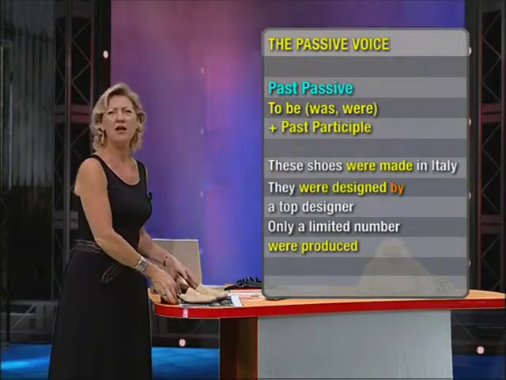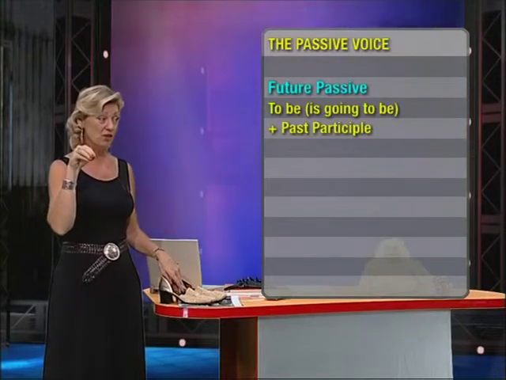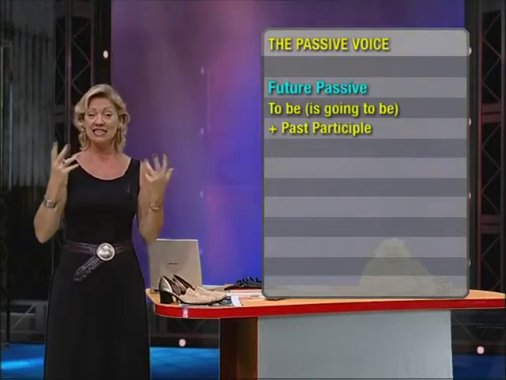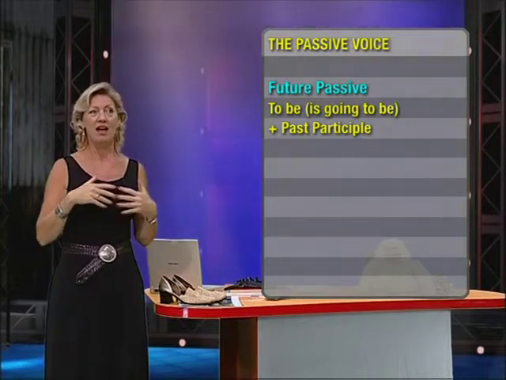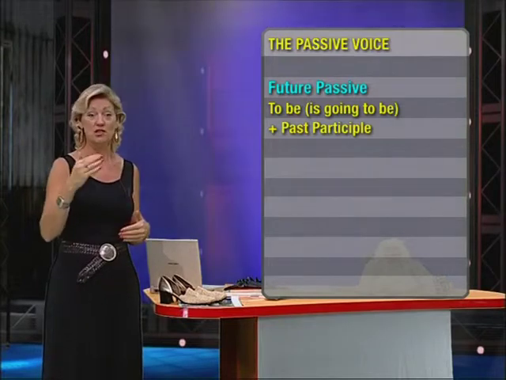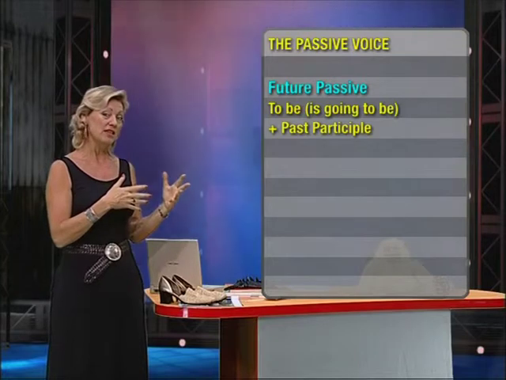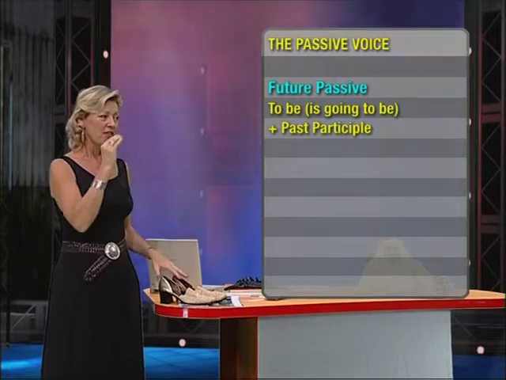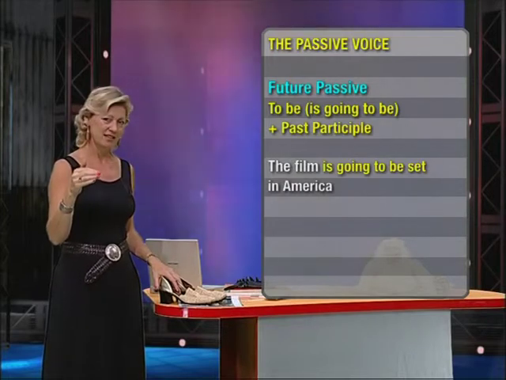Then if you think about the future, you can put the verb to be in the future, and let's think about a film that has some perspective that is going to be made in the future. Let's look at how we use that in the passive form. The film is going to be set in America.